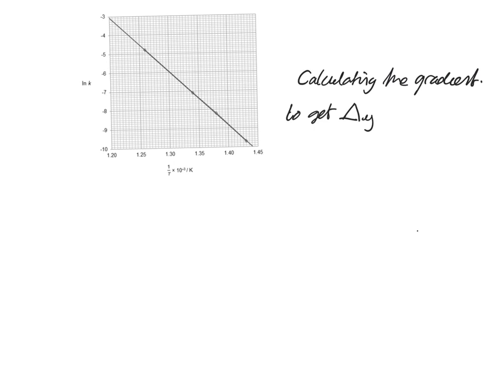So to get the gradient, first of all, we'll look at the change in y. It's quite simple if we take the two furthest points from each other, which was minus 4.8 minus a minus 10. That gives us 6.9.